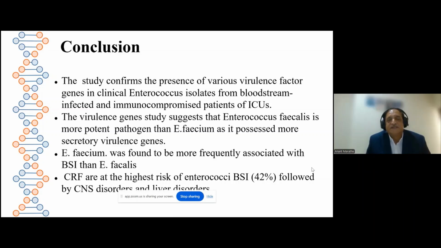The virulence gene study suggests Enterococcus faecalis is a more potent pathogen, having more virulence factors than faecium genetically. But what we found was that faecium was more commonly associated with bloodstream infections than Enterococcus faecalis.